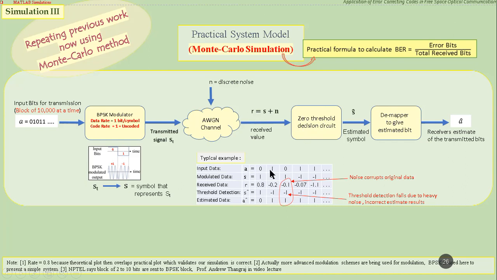Input bits will be generated using a random generator, and modulated data will be sent in the channel so that it survives the channel and reaches the receiver as per the requirements of the channel.